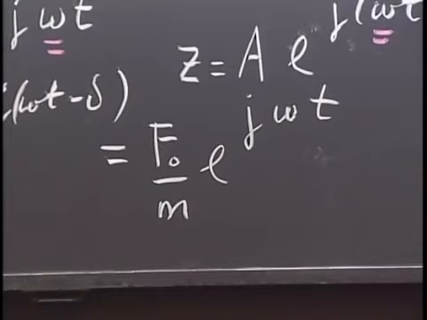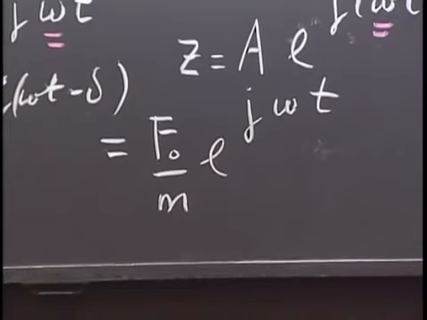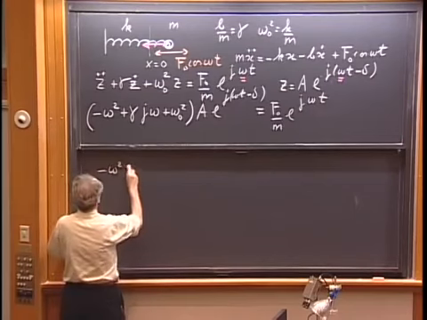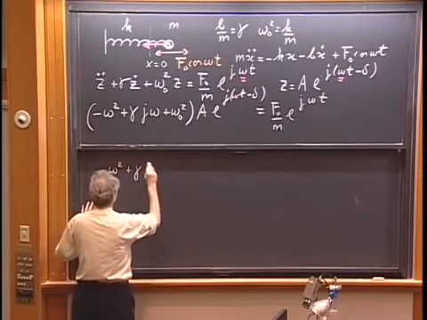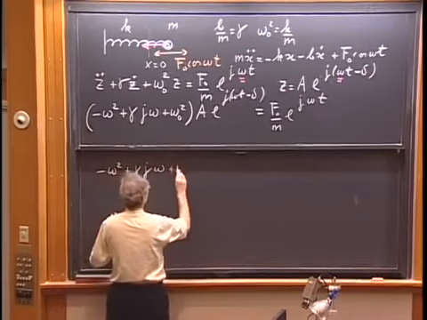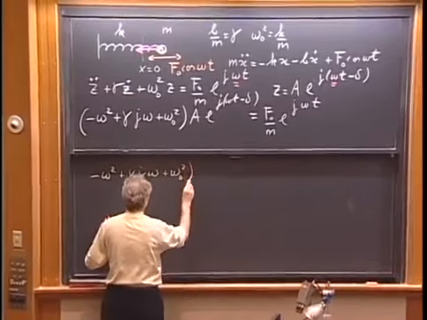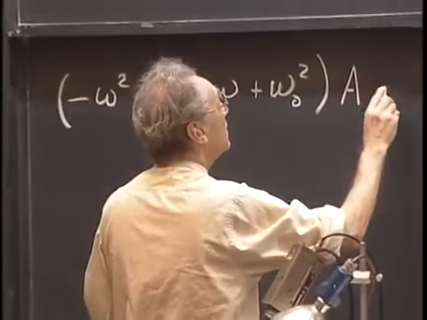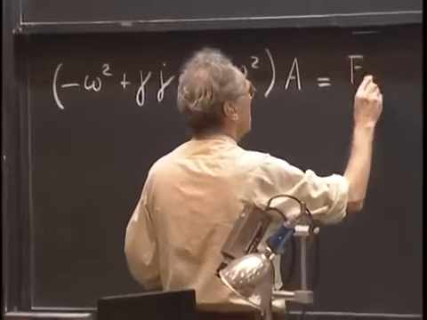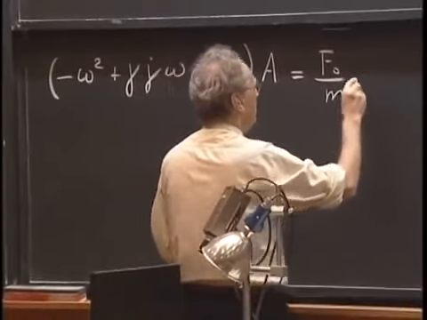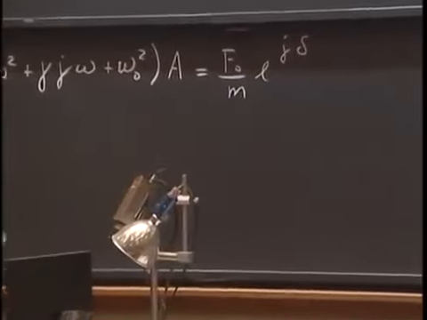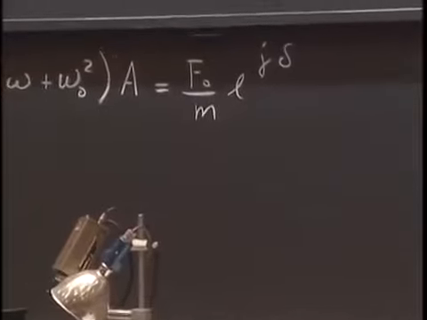And so if I make that simple algebraic change, we're going to get minus omega squared plus gamma j omega plus omega 0 squared, that multiplied by a must now be equal to f0 divided by m times e to the power j delta, because omega t is gone, and I've moved the delta to the right side.